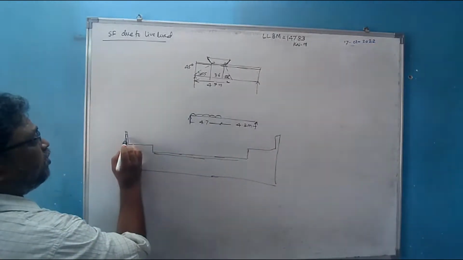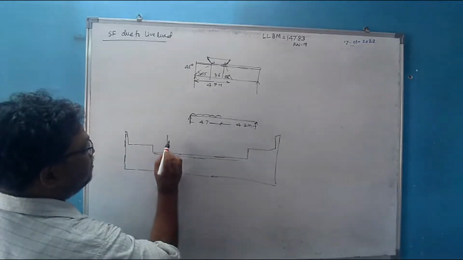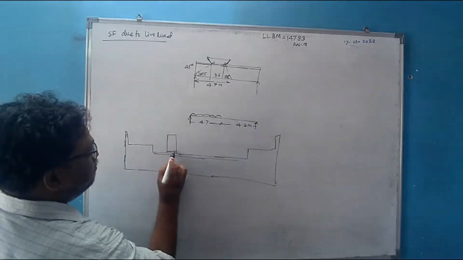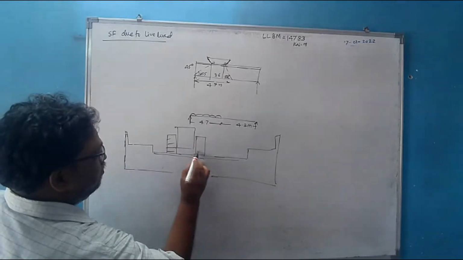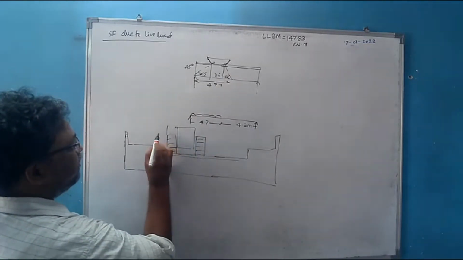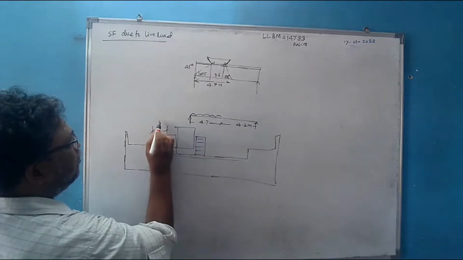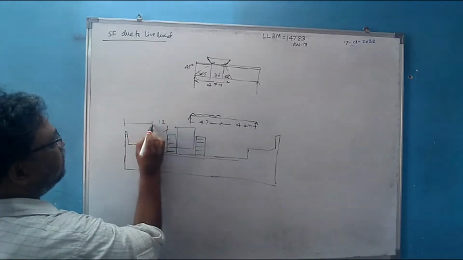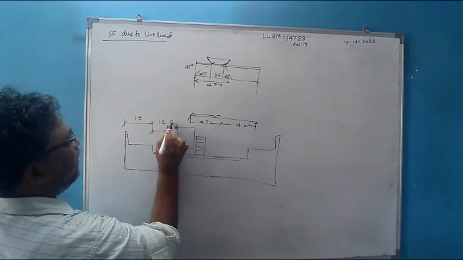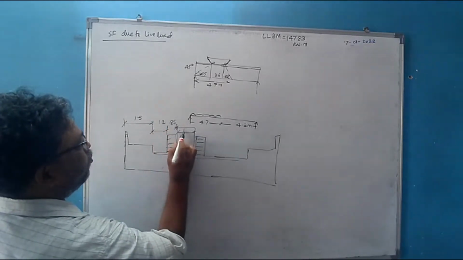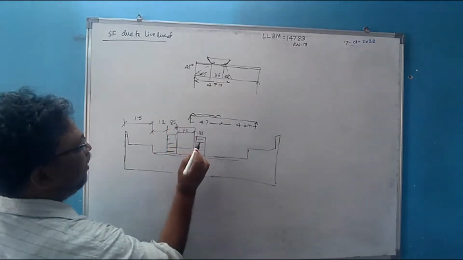Across the span, we have to keep it at the same minimum clearance. What must be this minimum clearance? 1.2 meter. This footpath is 1.5 meter. This is 0.85 meter. It is 1.2 meter. This is again 0.5 meter.